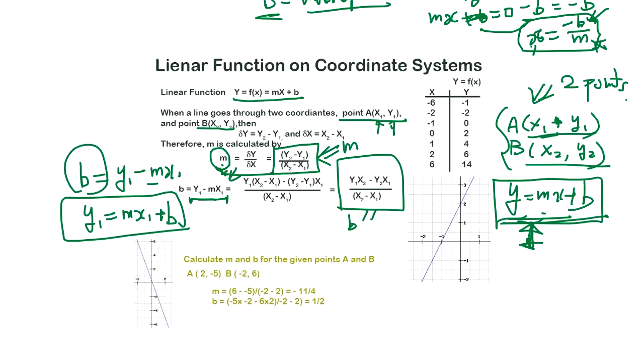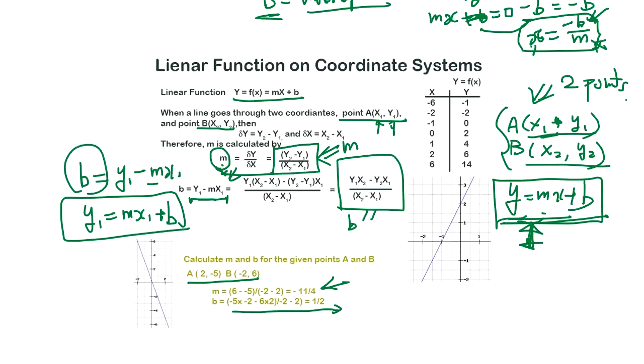Calculate m and b for the given points A and B. So this one, m is 6 minus 5 over minus 2 minus 2, so negative 11 over 4. Then you put it in the b formula.